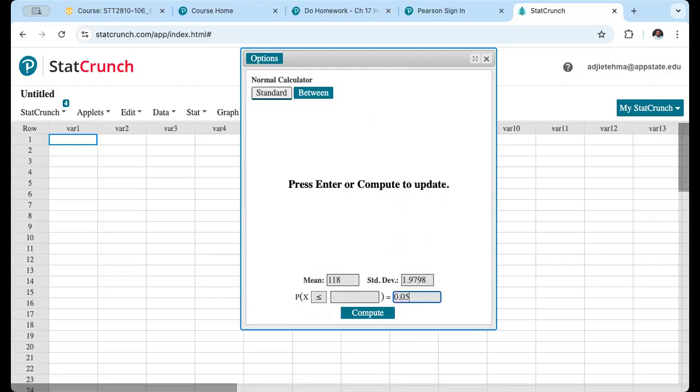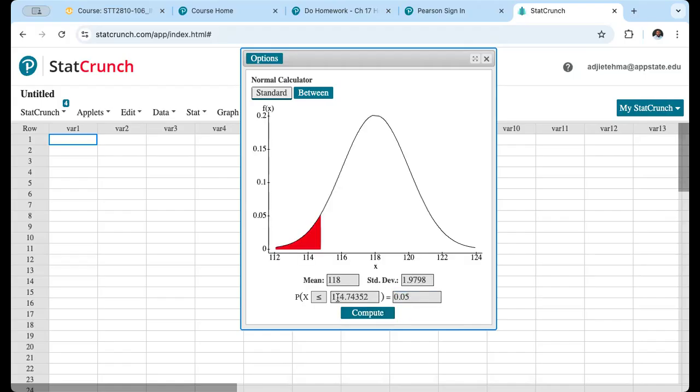It's the same thing we've done in previous chapters. If you want the 95th percentile, we put 0.95 here. So if you want the fifth percentile, we put 0.05 here. And then you hit compute, and then it computes this for you. So the fifth percentile of the average frog weight is 114.